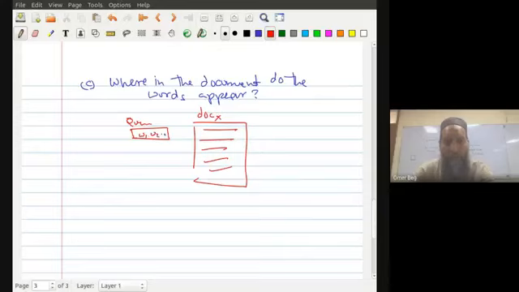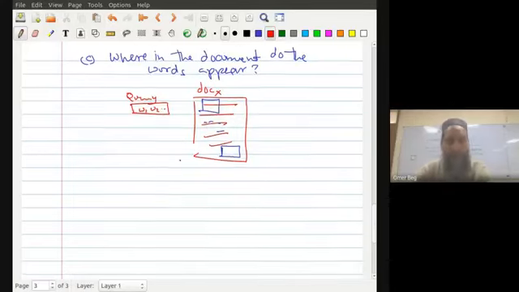The query has these words. Where do these words appear? Do they appear towards the beginning of the document, towards the end of the document, or somewhere in the middle? Because it does really matter. If terms appear in the beginning of the document, that means that this document is relevant to these query words.